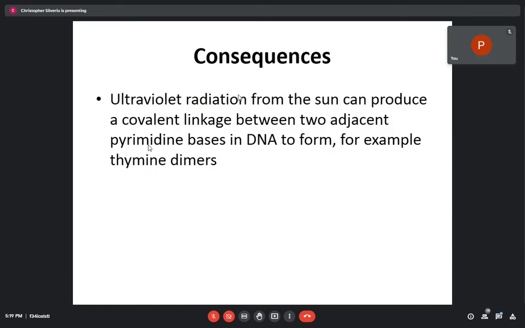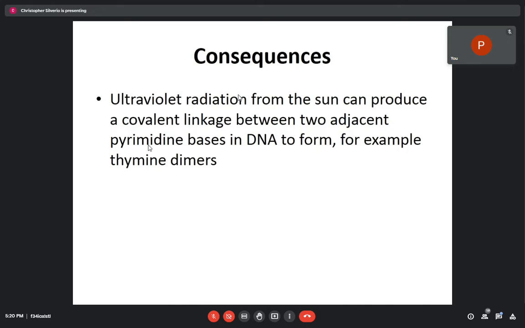Ultraviolet radiation from the sun can produce a covalent linkage between two adjacent pyrimidine bases in DNA to form, for example, thymine dimers. Did you understand this, class? If you expose yourself under the sun, what will happen?